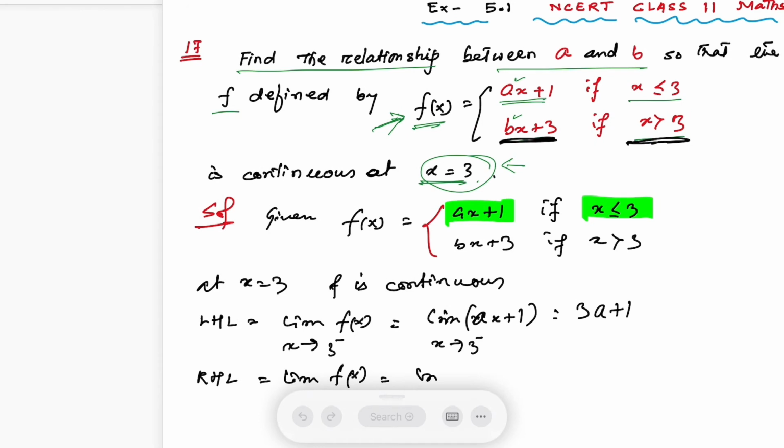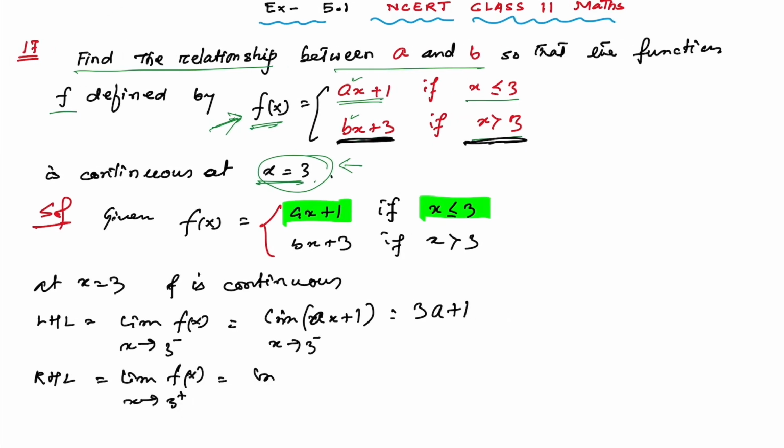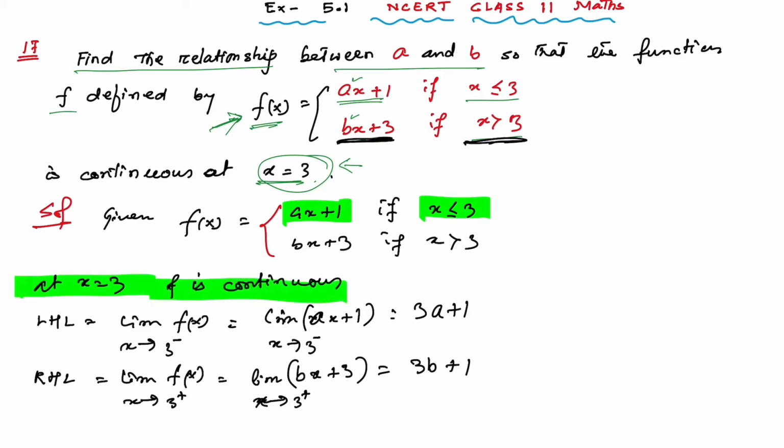So the limit of bx plus 3 as x tends to 3 positive, replacing x by 3, we will get 3b plus 3. Here you see, as f is continuous at x is equal to 3, therefore the left hand limit must be equal to the right hand limit.